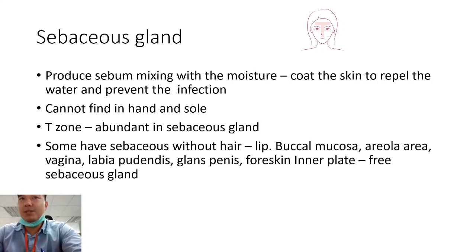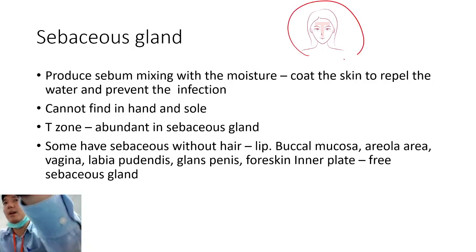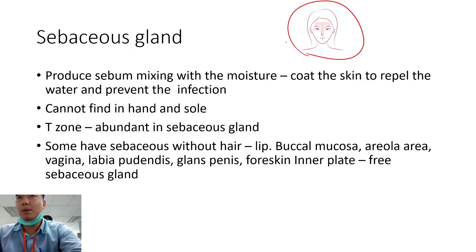You will not find sebaceous glands in the palm and sole, and you will find them abundant in the T-zone at the upper part. The T-zone is the most common place that you will find your pimples or acne, very prominent there.